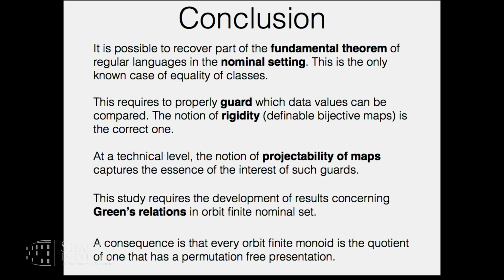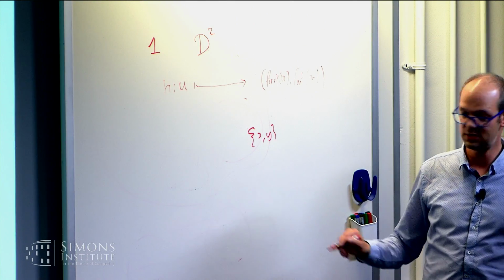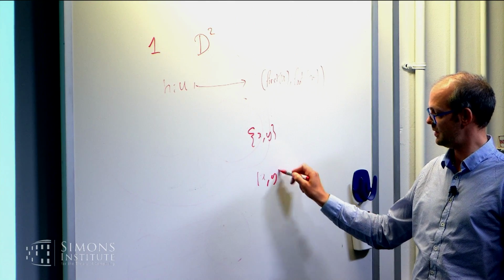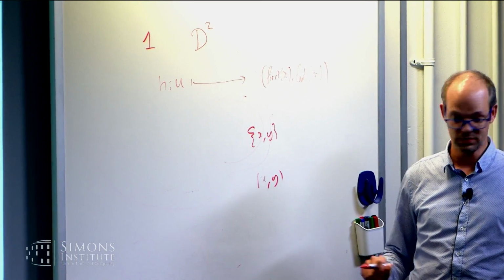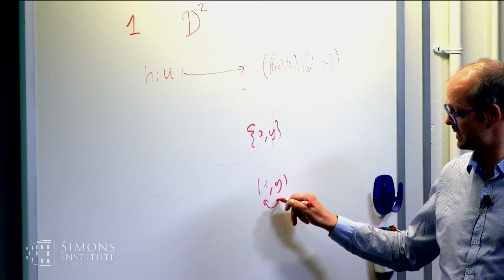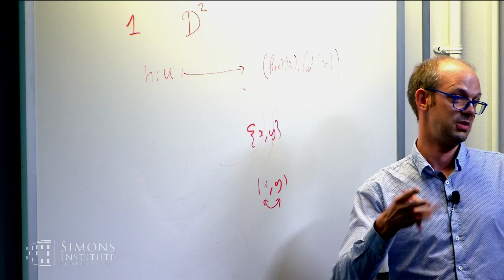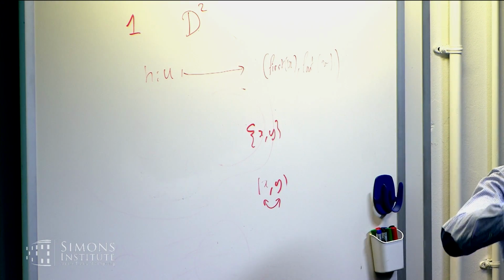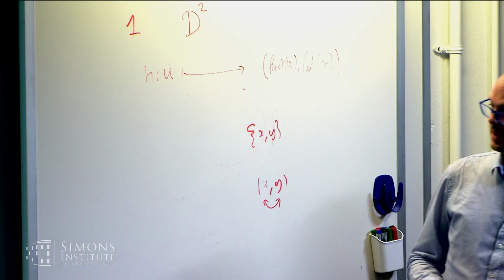So typically, for instance, you can see the set of pairs of 2 distinct elements as an ordered pair with a group action saying like X and Y are the same thing. Like switching X and Y is the same thing.